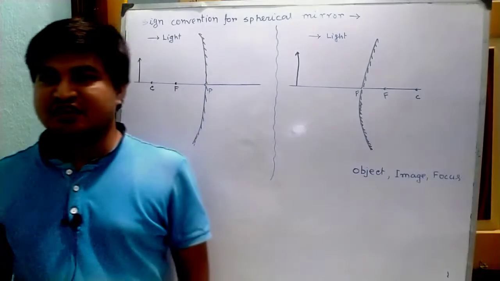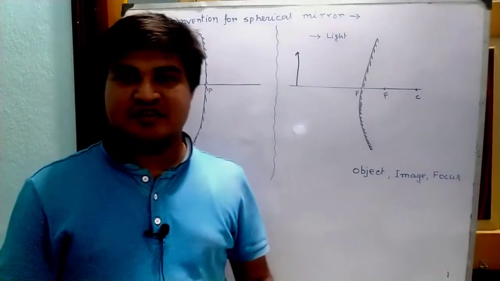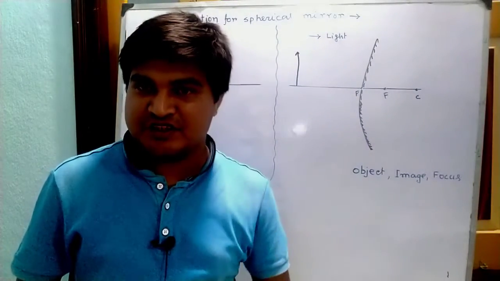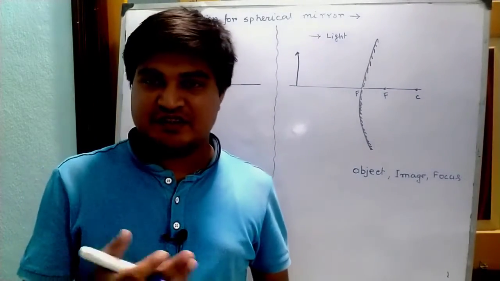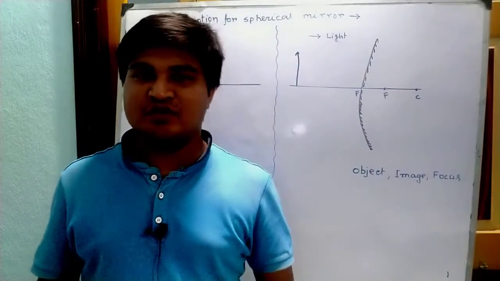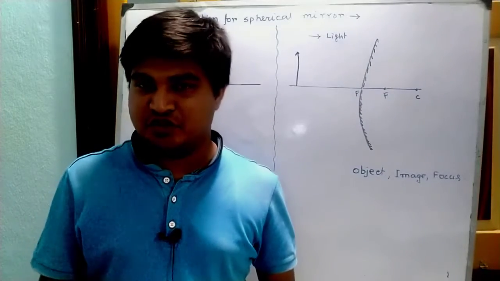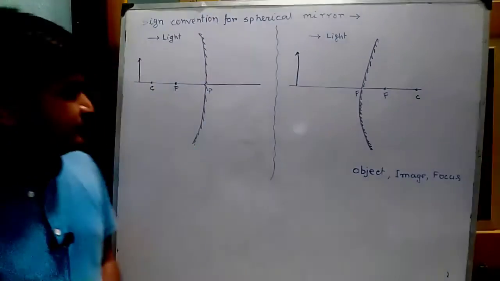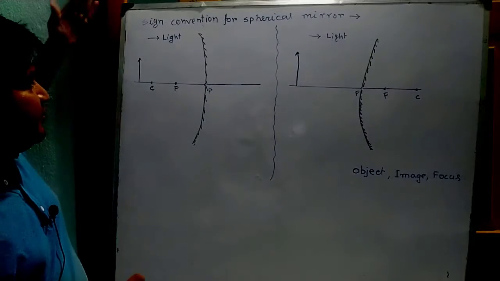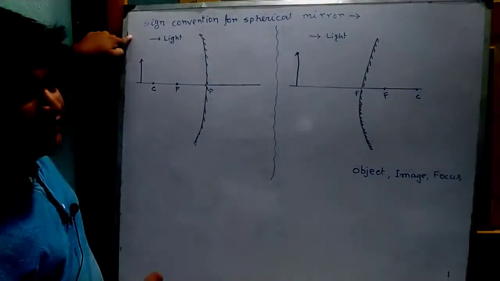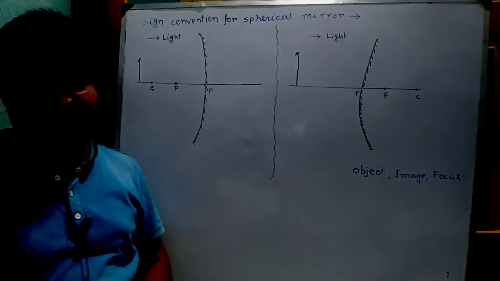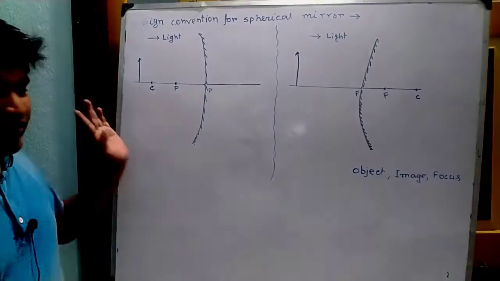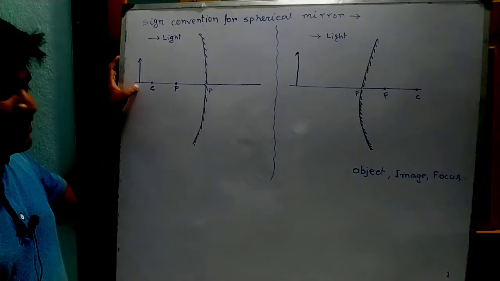Second thing, the rule says that if the distance of the object, image or focus is in the direction of the light, then we will consider those as positive. That is, light travels from this position to this direction, but where is our object? This is at this position.